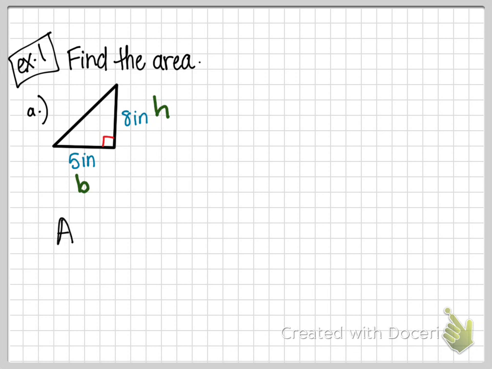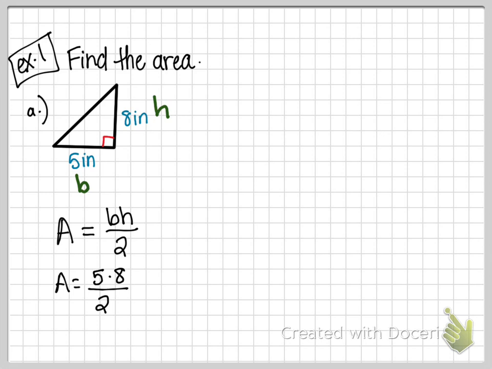Area of a triangle equals base times height divided by 2. This makes it easy for us to plug in what we know and solve. So area equals, our base is 5, times our height, which is 8, divided by 2.